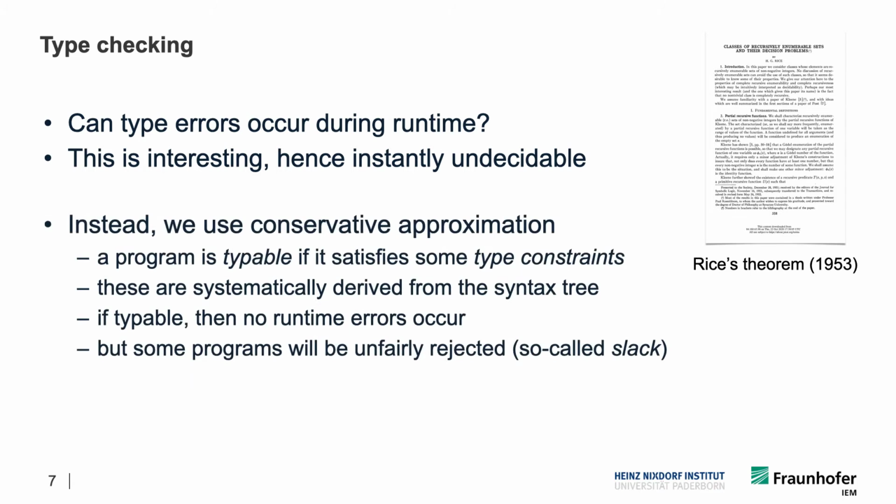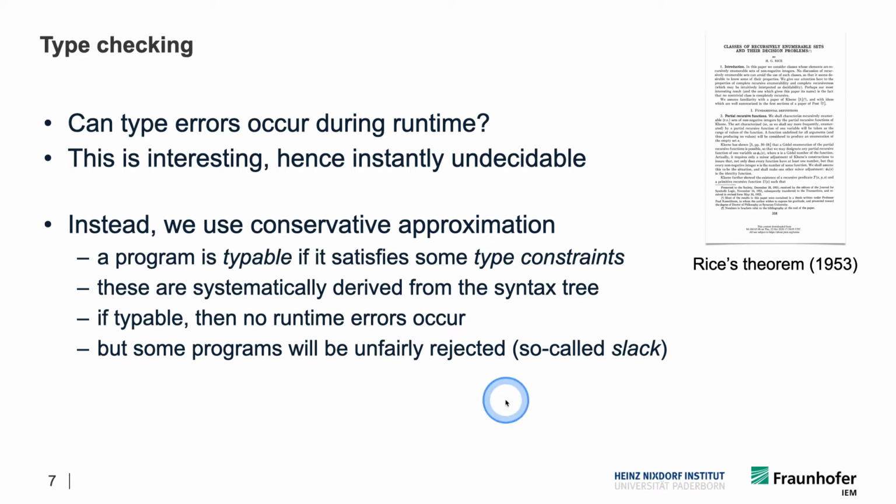So in this case, and also in all other cases, we have to use some conservative approximations, right? Here we say that a program is statically typable if it satisfies some type constraints. I will be showing you what these look like. And these are systematically derived from the syntax tree. And if it's typable, then we want to give the guarantee that no runtime errors occur. Okay, so that guarantee we want to give you.